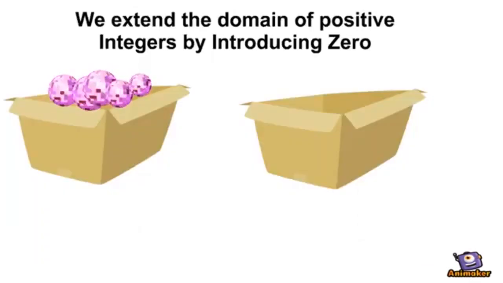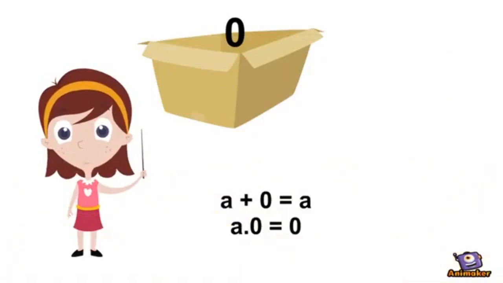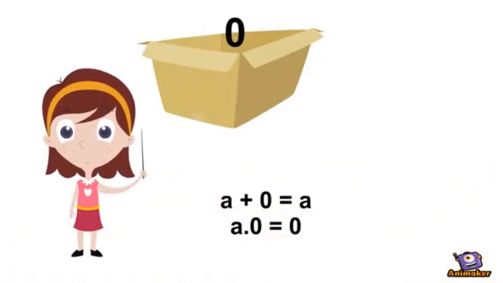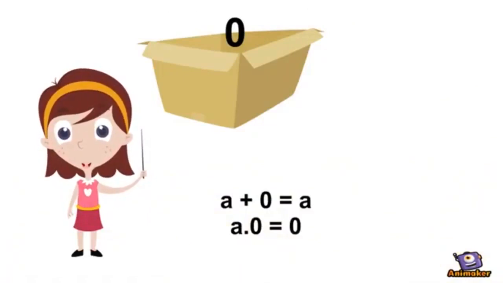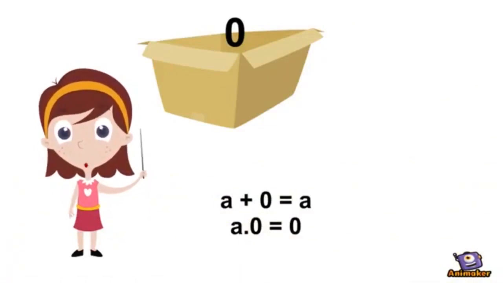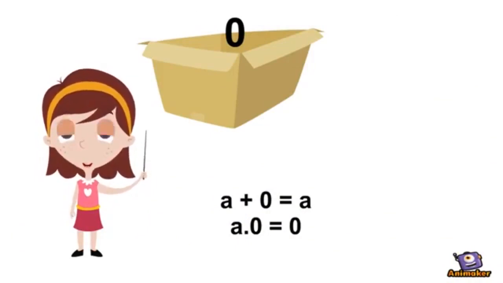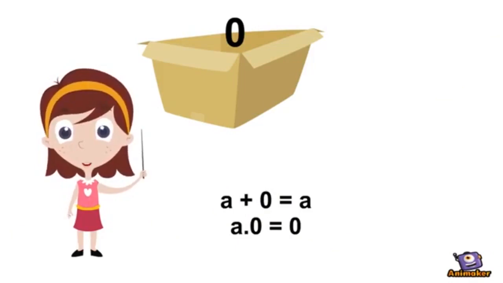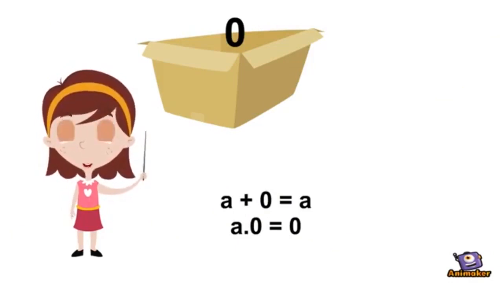Slightly extend the domain of positive integers represented by boxes of dots by introducing the integer 0 represented by an empty box. If we denote this empty box by the usual symbol 0, then according to our definition of addition and multiplication, A plus 0 equals A and A into 0 equals 0, where A is any integer.